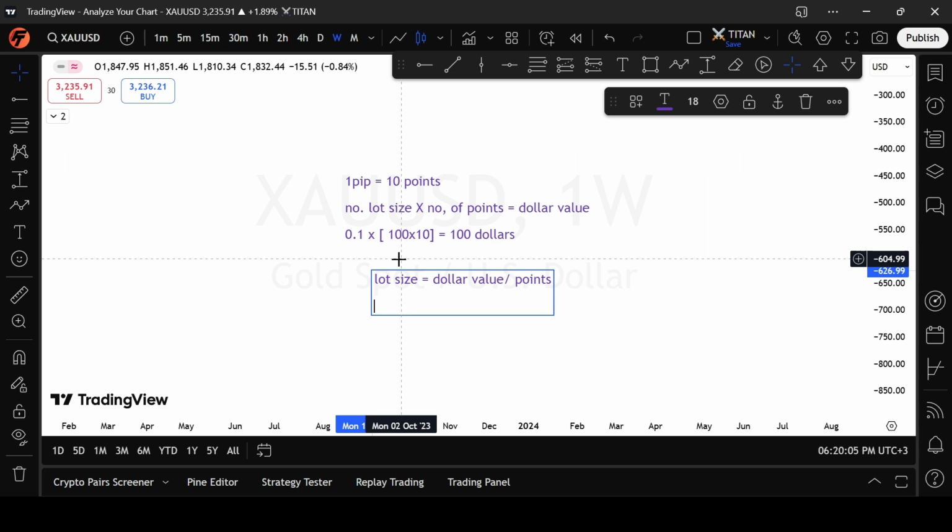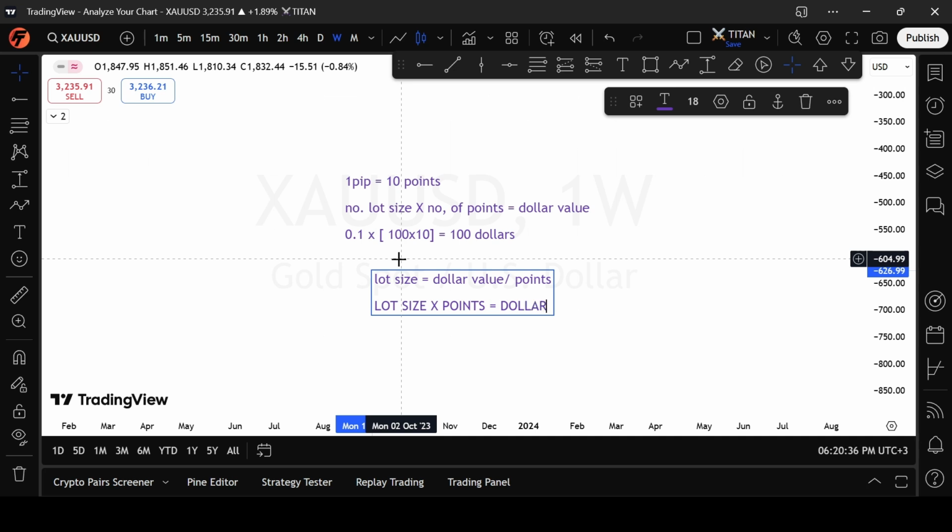And it comes from the universal equation, which is the lot size multiplied by the points, and that will give you your dollar value.